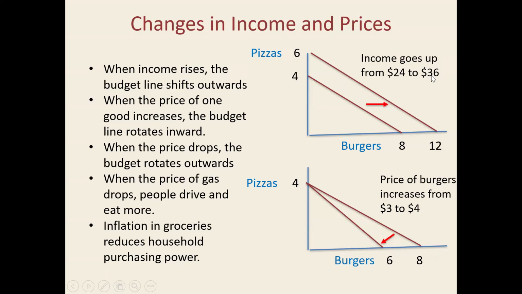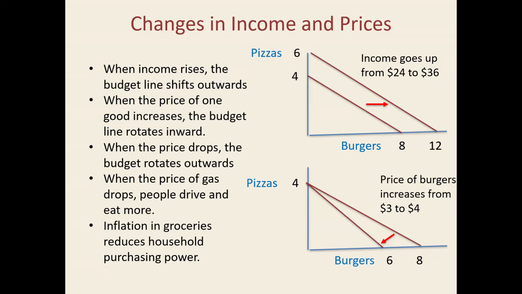You take 36 and divide it by $6, you get 6 units. The number of burgers increased from 8 to 12. Take 36 divided by 3 and you get 12. Therefore, both the y-intercept and the x-intercept shift outward, which can be shown as an overall shift to the right for the entire budget line.